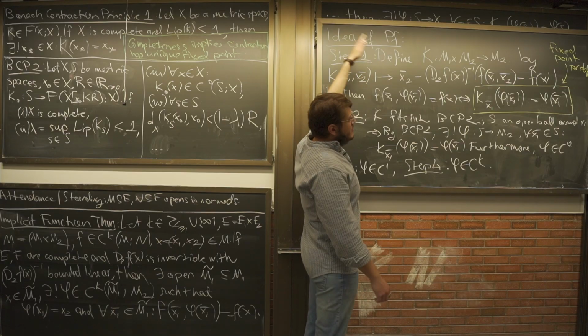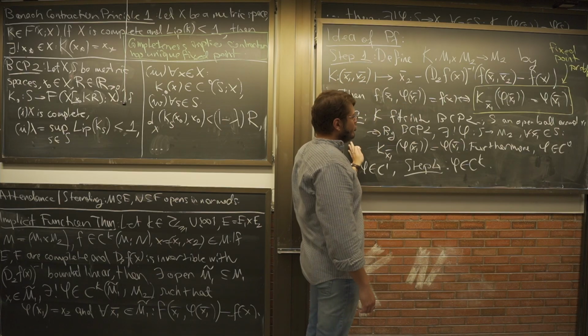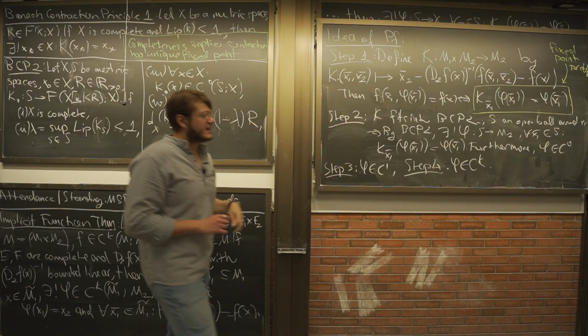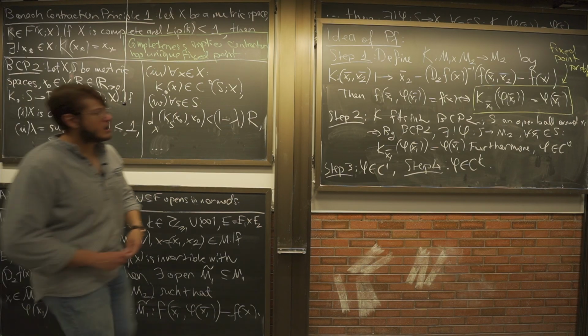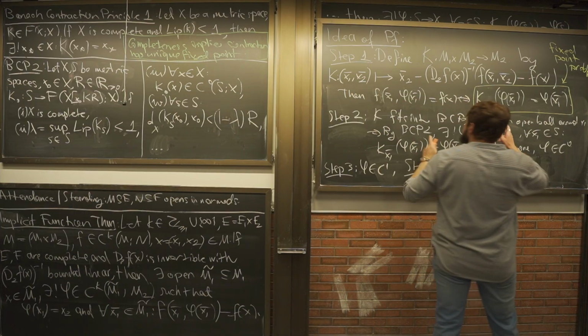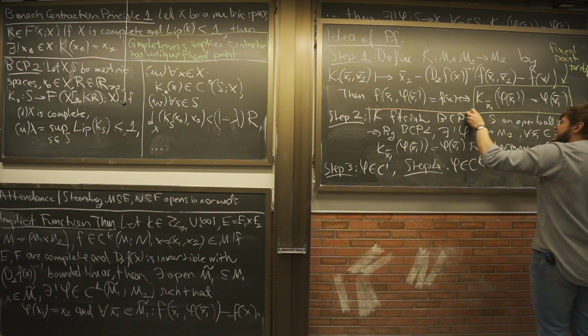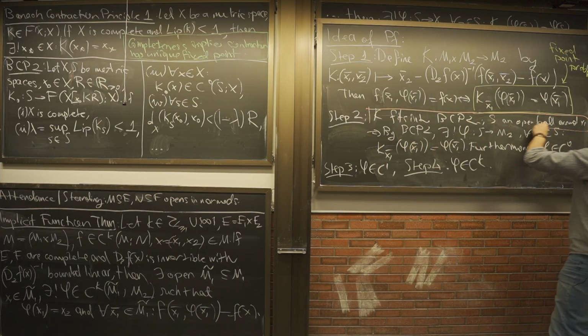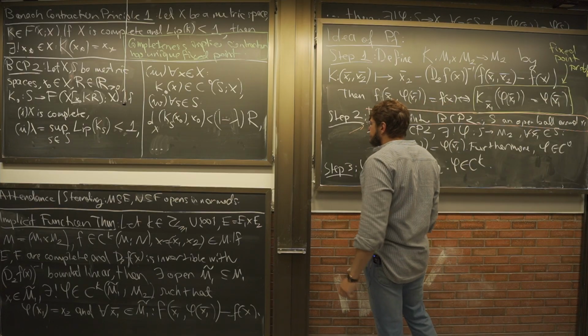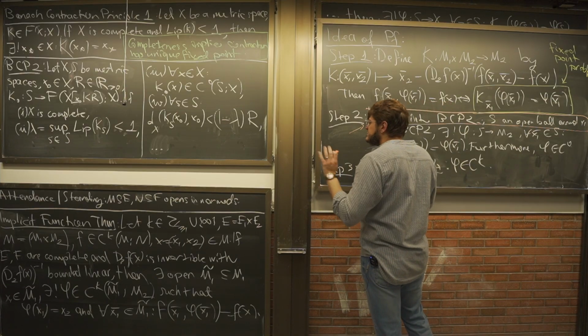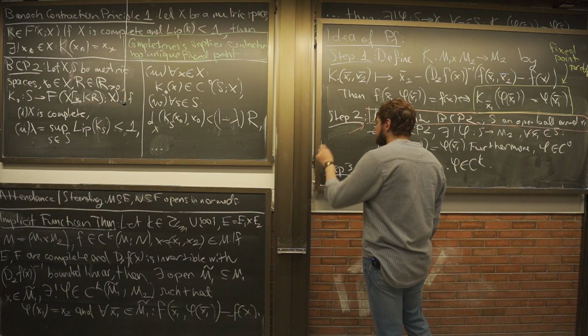Step 1 is nothing but restating something. Step 2 is where you have some technicality, verification of this function fitting into BCP2. This requires some considerations, some essentially mean value theorem type stuff.